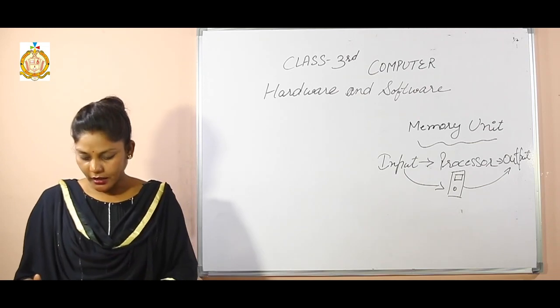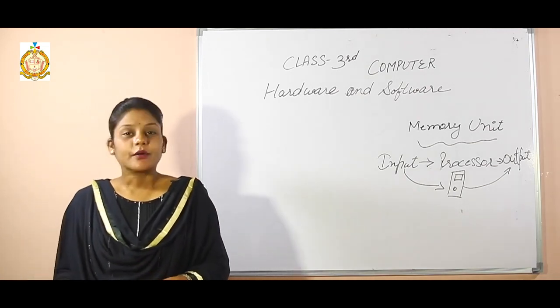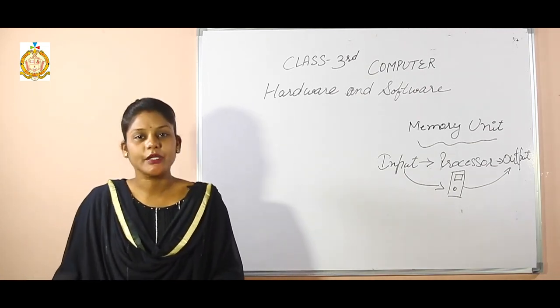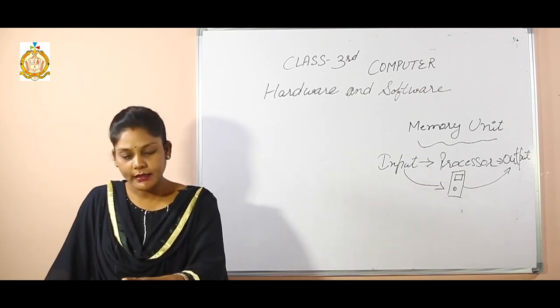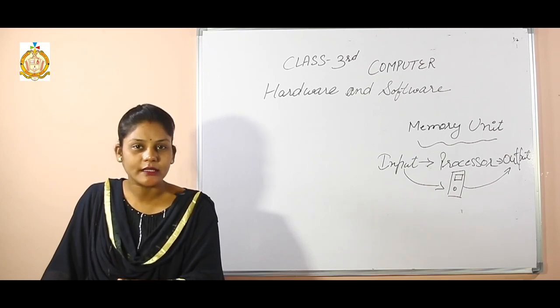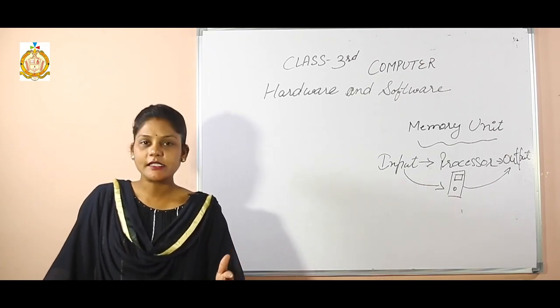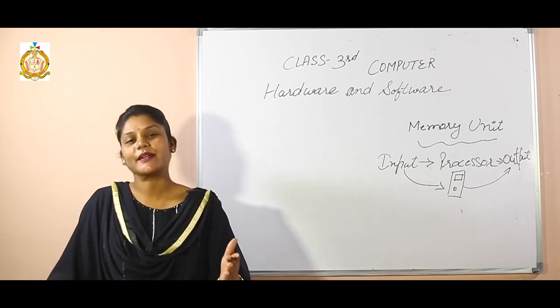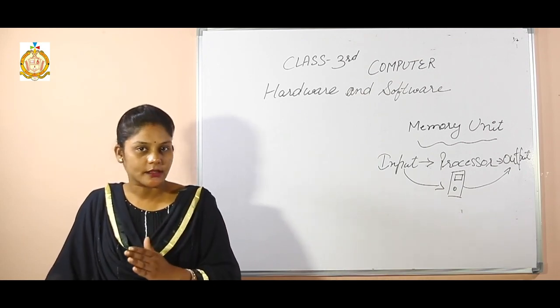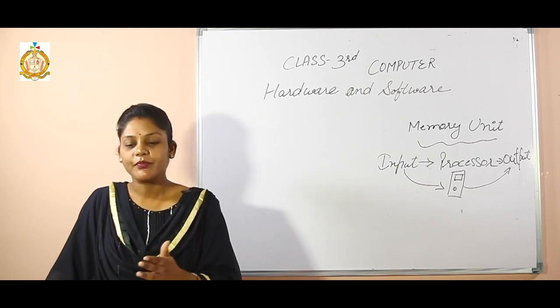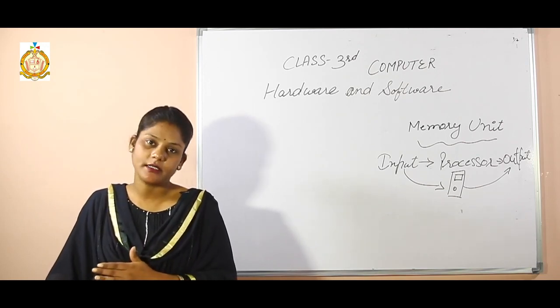So this point, this para, you can read on your own with the help of your parents and try to understand software and hardware once again, because at the start I already discussed what is hardware and what is software. Both are connected to each other. Both complement each other.